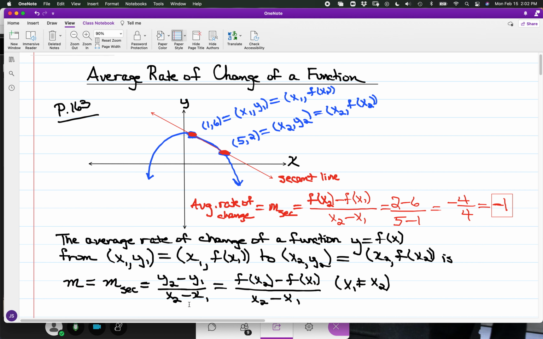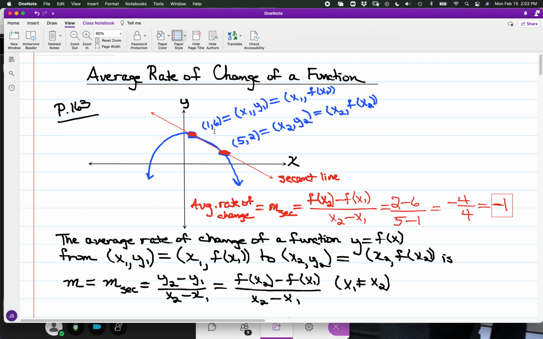The functional notation translation is f of x2 minus f of x1 all over x2 minus x1, where x1 and x2 are not equal to each other.